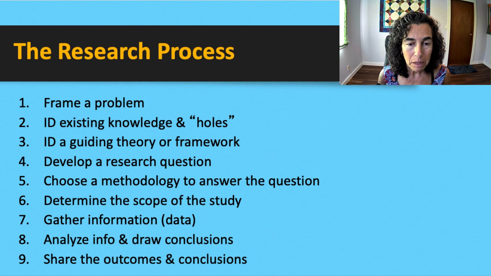And then finally, we share the outcomes and conclusions. This may be through an article, it may be through a poster at a conference, it may be in a panel, it may be to your department, it may be at our national conference. So a lot of different ways to share the outcomes and conclusions. And we always want to do that because we want to share what we learned to contribute to the evidence base.